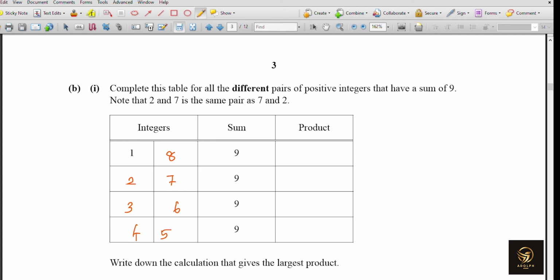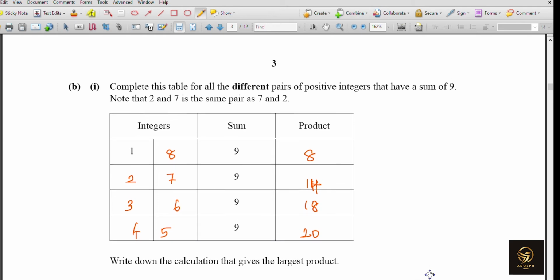As I said, the two consecutive integers give the maximum product. If you're not trusting, you can check here. Here 3 times 6 is 18, 2 times 7 is 14, and 4 times 5 is 20. Here we are getting the largest product.